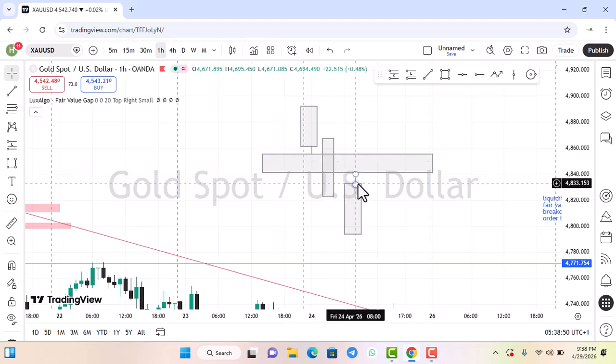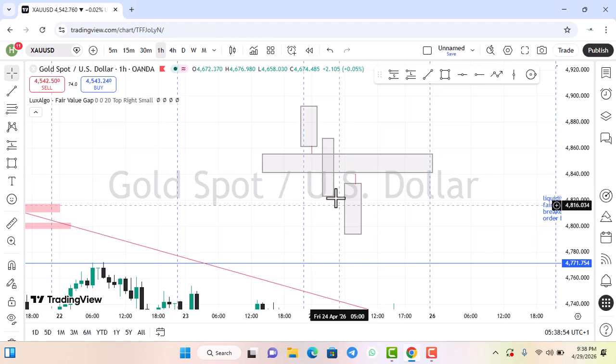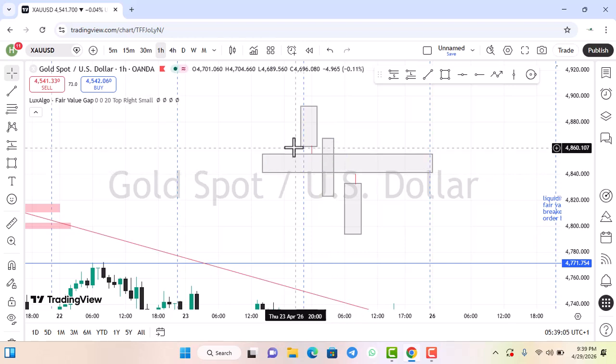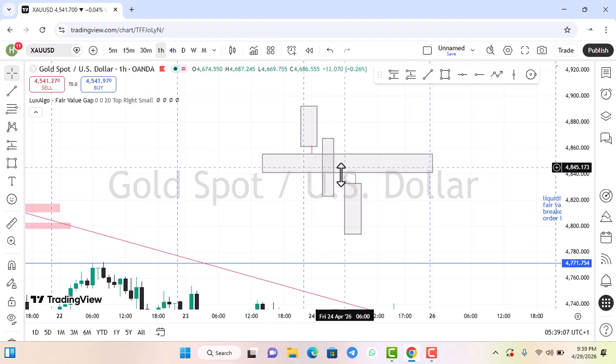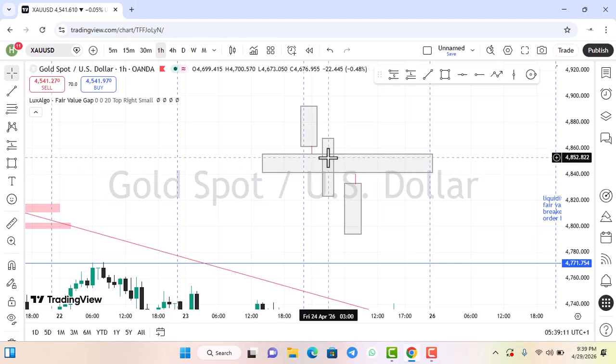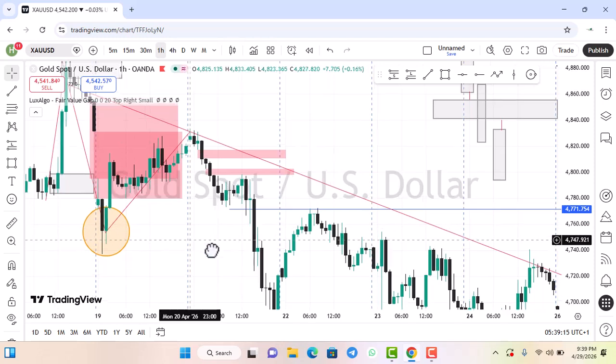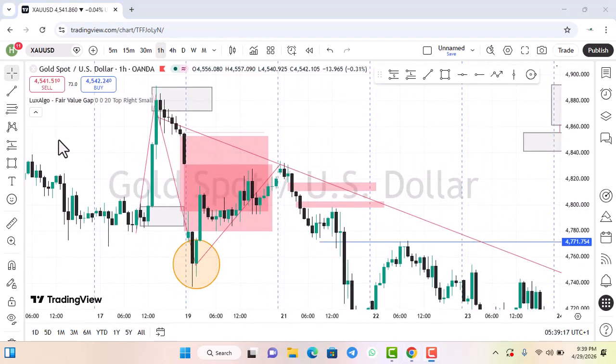These two points are what we call fair value gap. And usually block B, which is the center one, the middle one here, used to be long. For you to have a fair value gap, that particular candle used to be very, very long.